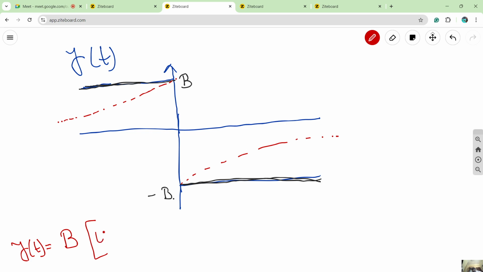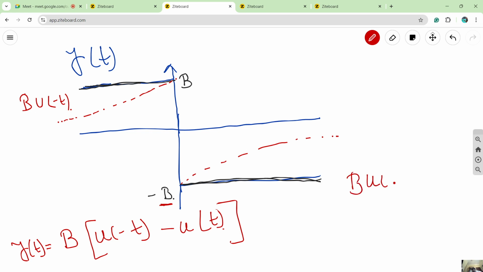It is actually u of minus t, because this is the u of minus t part, minus u of t, because this is the negative part. So this is b u of minus t and this is b u of t, and it is negative. So we can rewrite it like this.